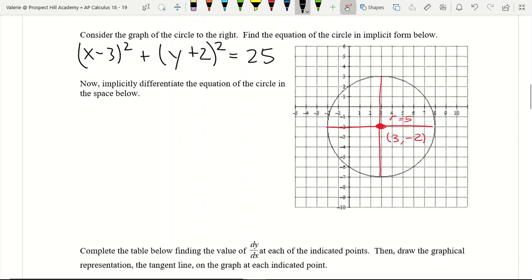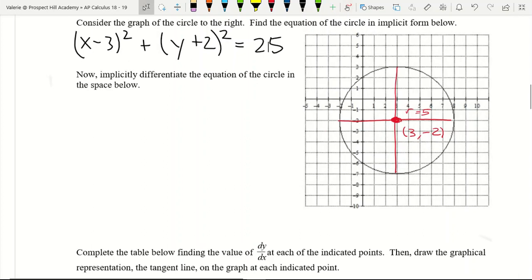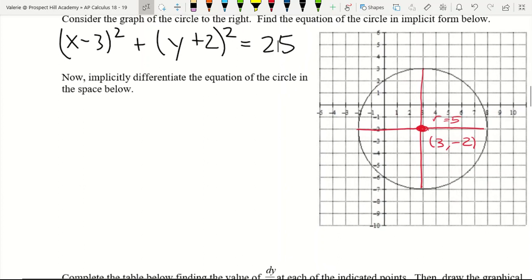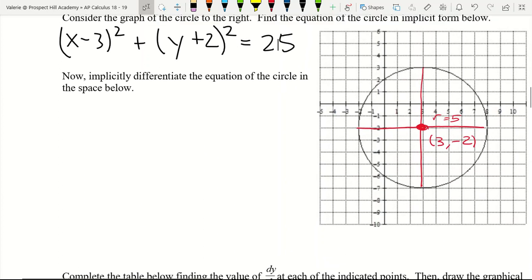Okay, so now we want to implicitly differentiate this equation. So going back to what we did on that first page, we want to find d/dx of (x minus 3) squared.